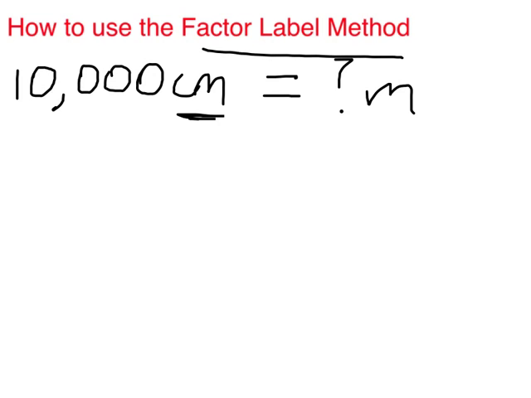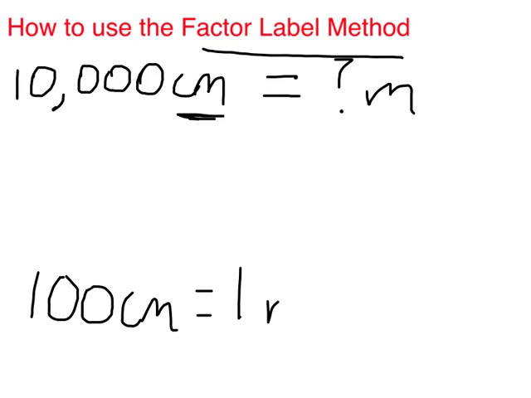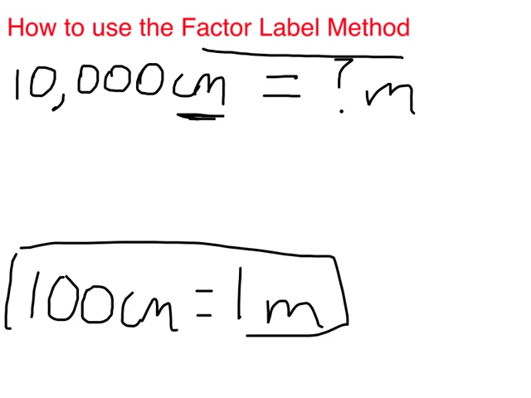Watch. 100 centimeters equals 1 meter. Right? A meter stick has 100 centimeters on it. So that is a relationship that is always true. If I know how many centimeters are in 1 meter, then I can figure out how many meters are in 10,000 centimeters. That's the relationship that we're going to use.